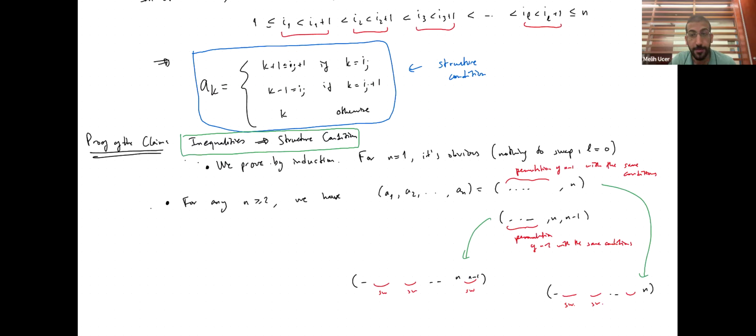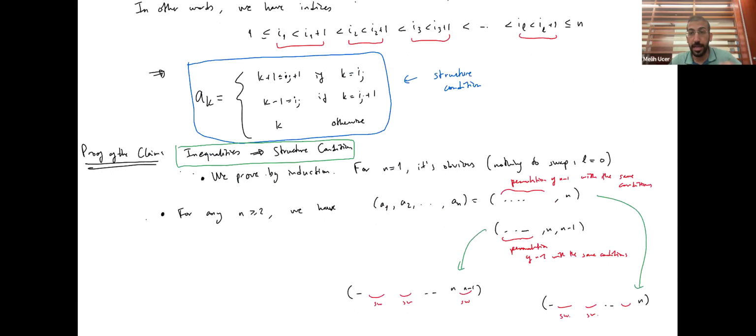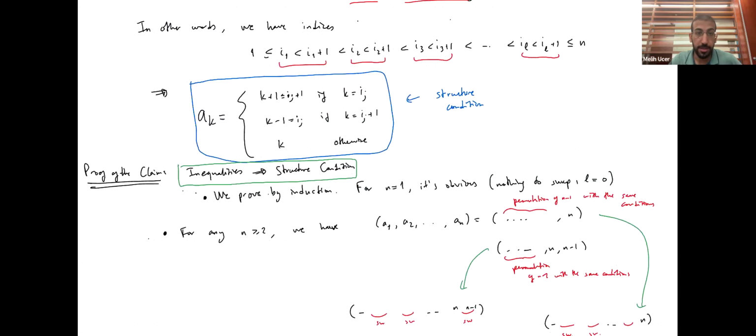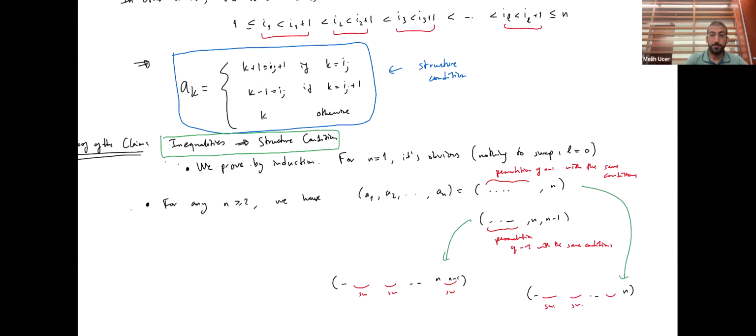And in this case, by induction again, I1, I2, ..., IL exist. Now I will define IL plus 1 as n minus 1, and this formula will hold for all k from 1 through n minus 2, and it will also hold for k equals n minus 1 and n, because we are defining IL plus 1 as such.